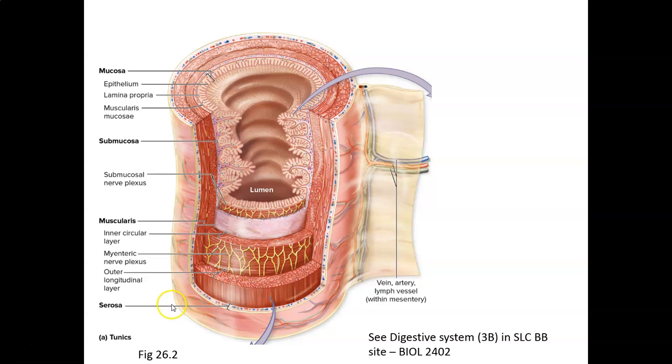Then the outermost tunic of the GI tract wall will be serosa when it's wrapped by serous membrane. If there's no serous membrane wrapping around it, then it's called adventitia.